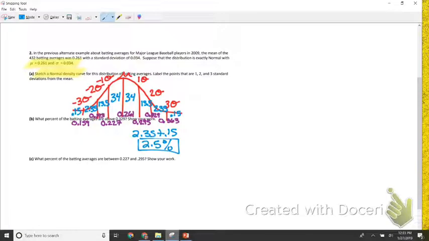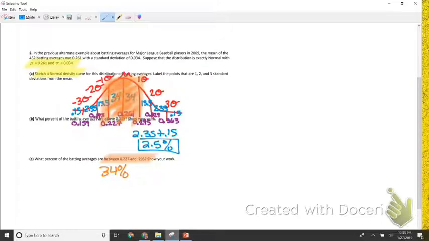Next, if we want to find the percentage of the batting averages that are between 0.227 and 0.295, we have to find those values in our normal curve. Here is our 0.227 and here is our 0.295. So we're trying to shade all these values in between here and here. From the 0.227 to the 0.261, that was 34% of the data.